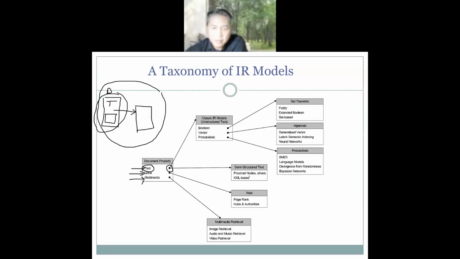So when we talk about text only, we could have the semi-structured, for example, XML. The XML tells you what is the value of certain variables that you have on the page, like the person name, the address, and so on.